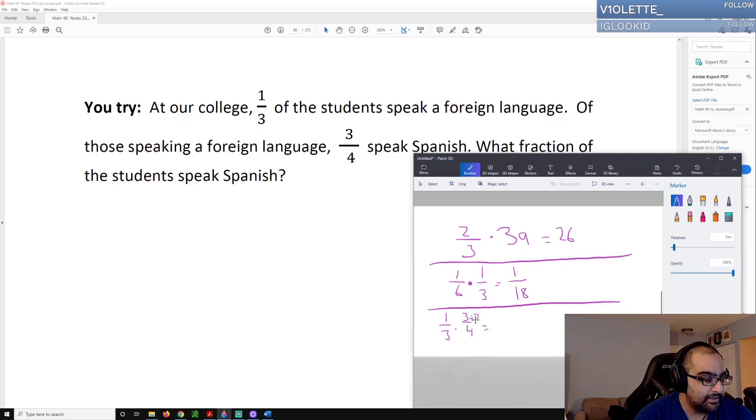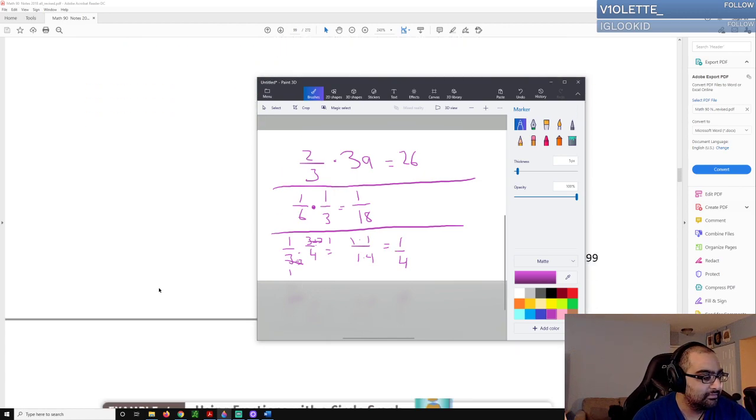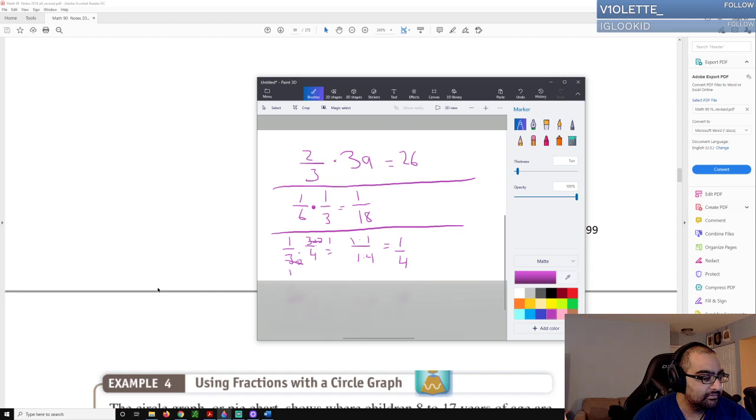Again, you could divide the numerator and denominator here by 3. So you get 1 times 1 over 1 times 4, which equals 1/4. All right, and that's our final answer, a fourth. Any questions about that?